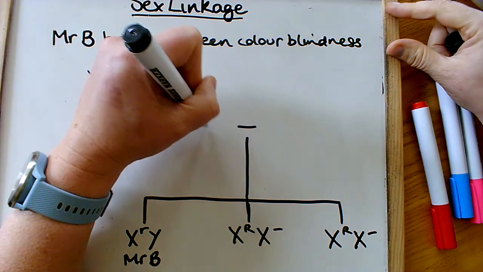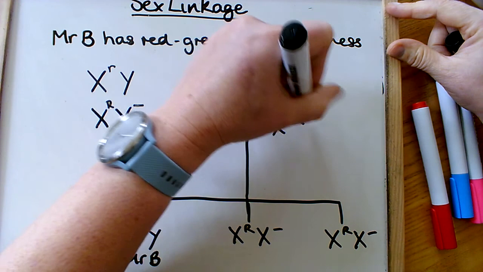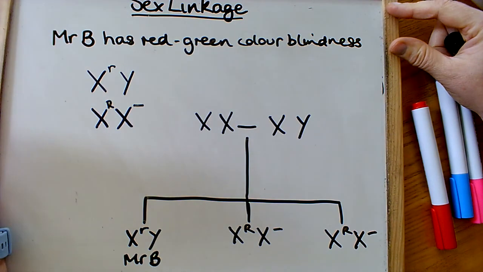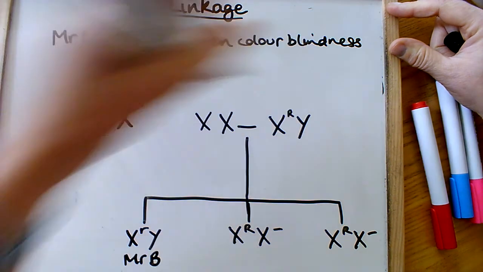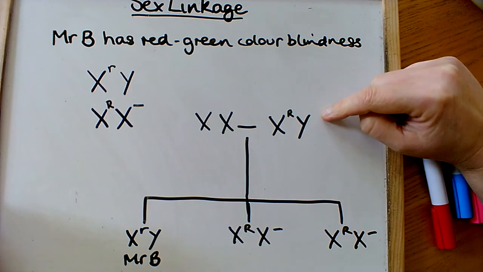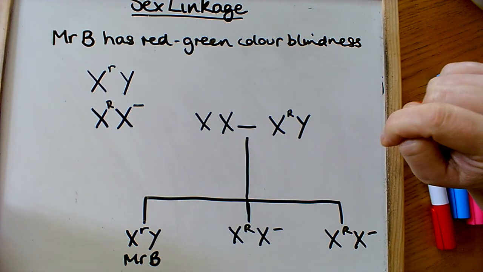So obviously he's got his two parents, he's got his mum, and he's got his dad. And neither of them had red-green colour blindness. So this helps us. We know that his dad didn't have red-green colour blindness, so his dad must be X big R Y. Nothing on the Y. And we know that he doesn't have red-green colour blindness.